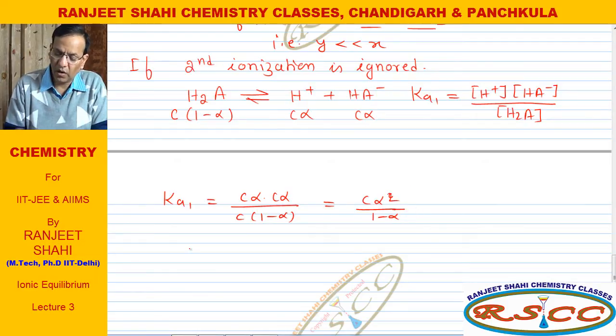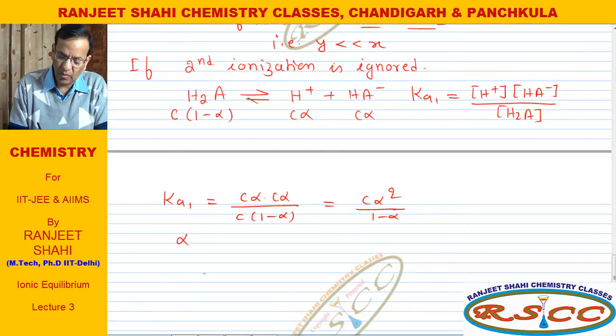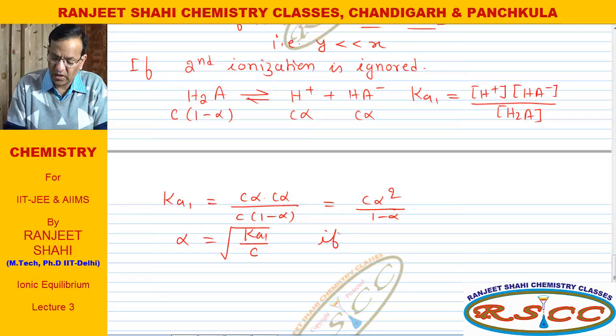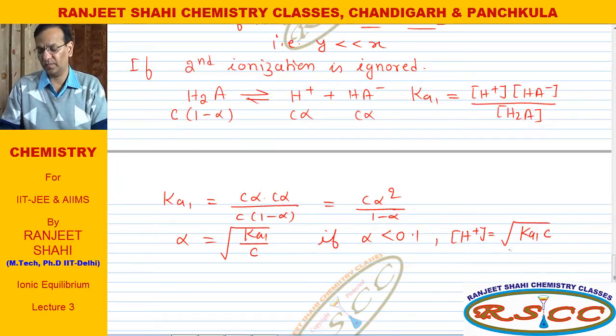So, what we need to do is the same thing we did for monobasic acid. We will first determine the approximate value of alpha, which will be equal to root under Ka1 upon C. And once again, if alpha is less than 0.1, the concentration of hydrogen ion will be equal to root under K1 into C. This is all we are repeating from the weak monobasic acid case.